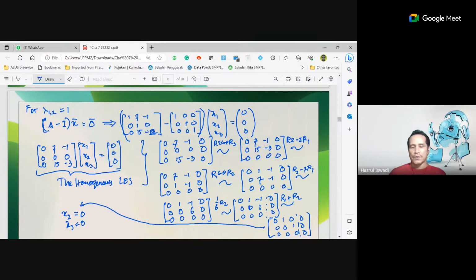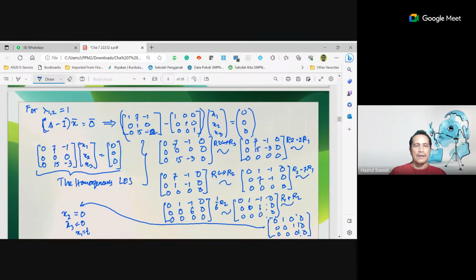But we don't have any clue to find x1. So x1 will be anything. So we can write x1 is equal to t, or any symbol. We can use any symbol.